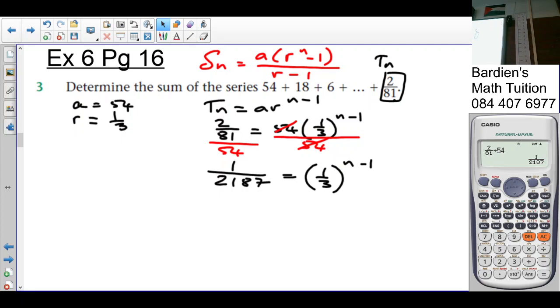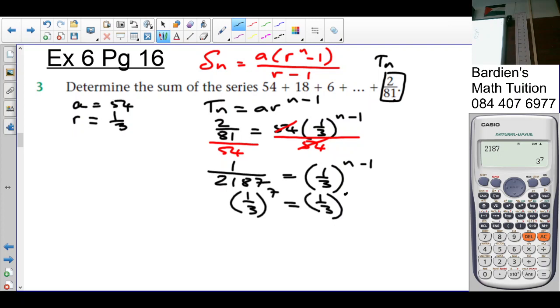So 2,187 can be written as 3 to which exponent? 3 to exponent 7. So this here would be 1 over 3 raised to the exponent 7 equals 1 over 3 raised to the exponent n minus 1. Therefore, n minus 1 is equal to 7, which makes n equal to 8.